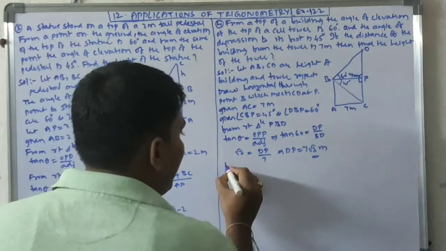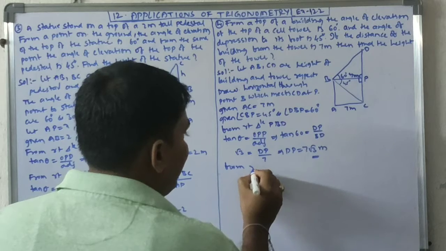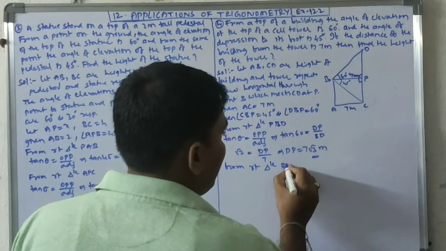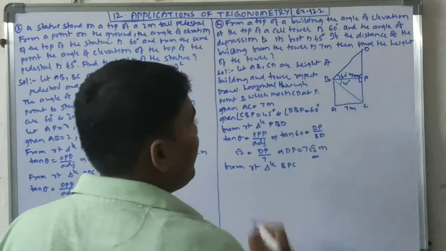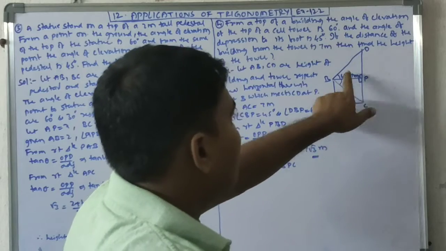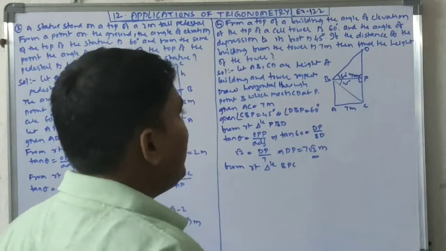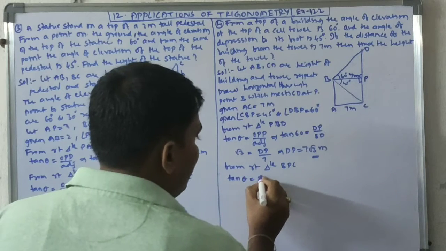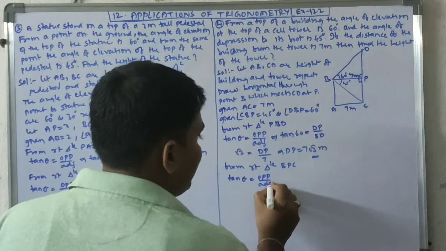Now I want to take right triangle BPC. If we observe, this is adjacent, this is opposite. Again, tan theta equal to opposite by adjacent.